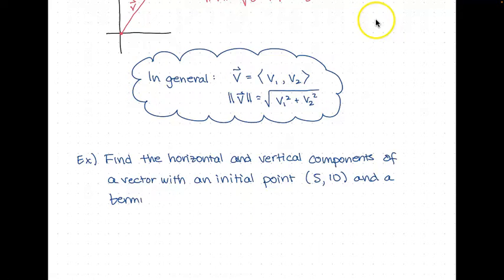Don't worry, I'm going to use 8, and I heard 3. Okay. And a terminal point. Let's make some negatives in here. How about -8 and -3? All right. Let's call these points. Let's label them. We'll call that first point P and the second point Q.